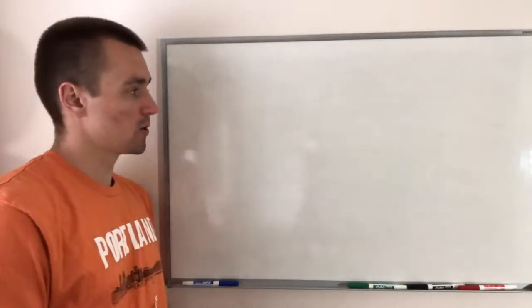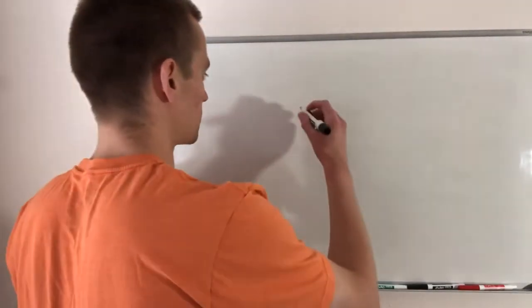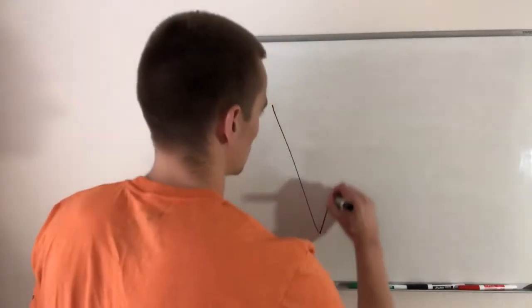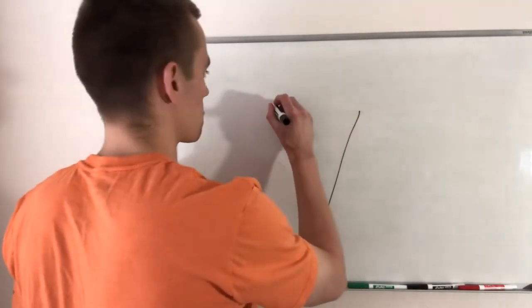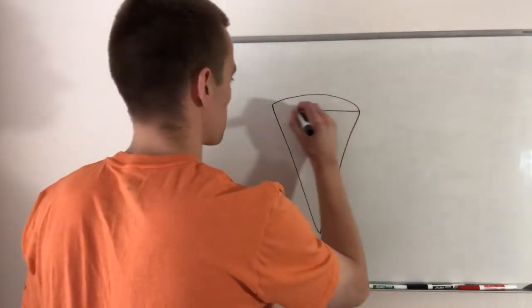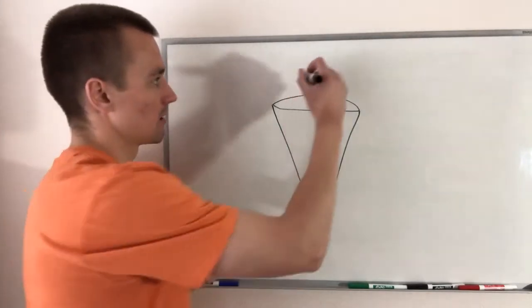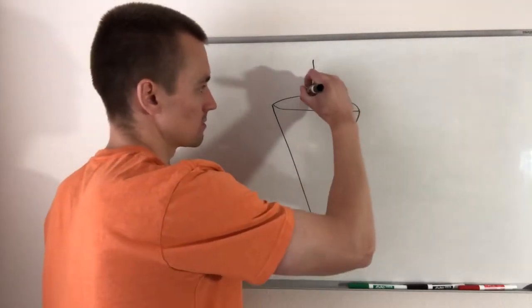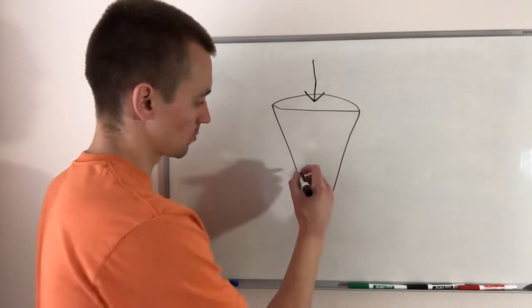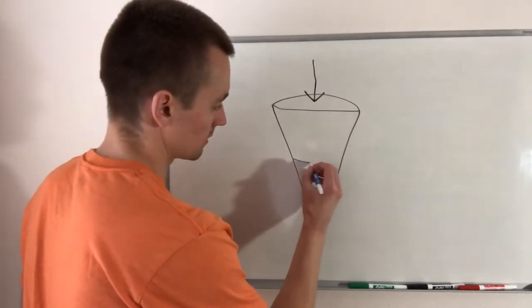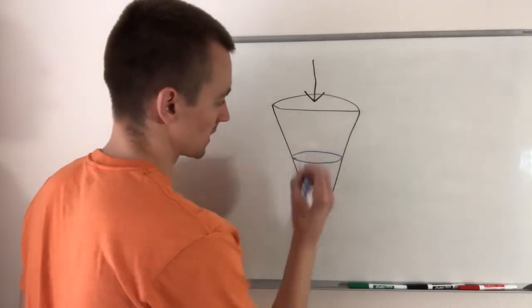So first of all, we know we have a cone-shaped tank. It's a conical tank. That just means it's in the shape of a cone. So we're going to have something like this. So we got our cone shape there. We know that we're going to have water going into this cone, and we're going to have our water filled up to a certain point inside this cone.